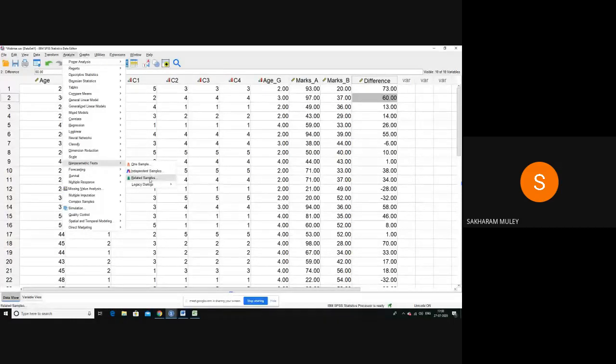Instead of going for these available options, you will go for Legacy Dialogs, and here it is one sample, two independent samples, and K independent samples. The one sample test is like your one sample t-test. The two independent samples test is like your independent t-test, and I can go for two related samples, which is like your paired sample t-test. These are the three tests.